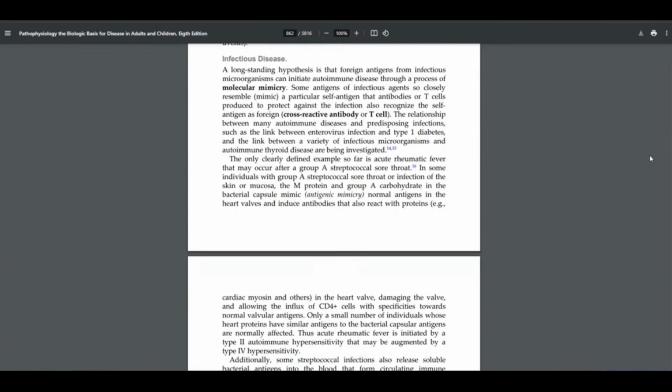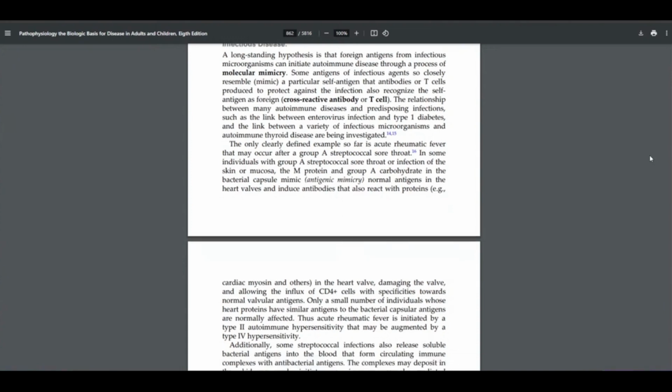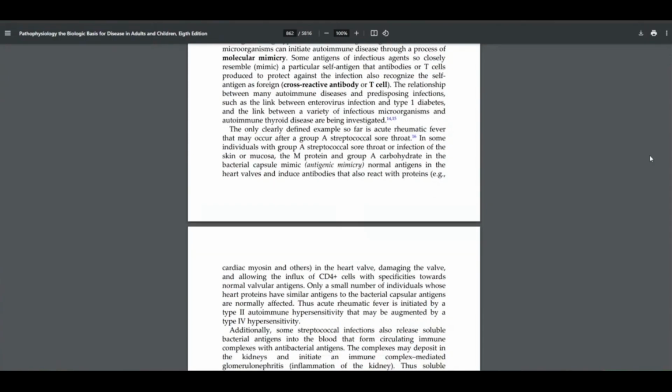Infectious disease. A long-standing hypothesis is that foreign antigens from infectious microorganisms can initiate autoimmune disease through a process of molecular mimicry. Some antigens of infectious agents so closely resemble or mimic a particular self-antigen that antibodies or T cells produced to protect against the infection also recognize the self-antigen as foreign, a cross-reactive antibody or T cell.